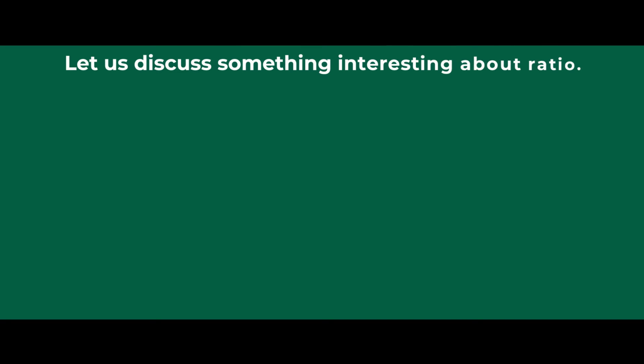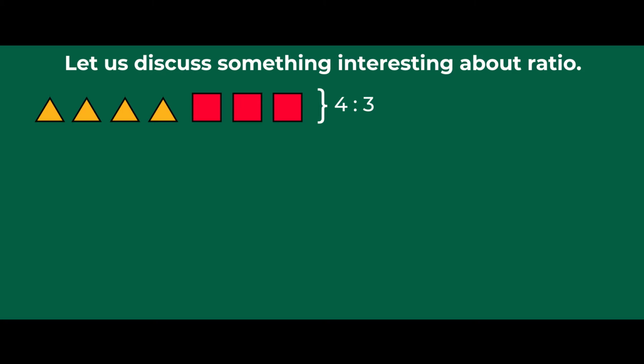Let us discuss something interesting about ratio. Again, let's look at the example of 4 triangles and 3 squares. Here we are comparing 4 triangles to 3 squares, and the ratio is written as 4:3. That means the ratio of triangles to squares is 4:3.